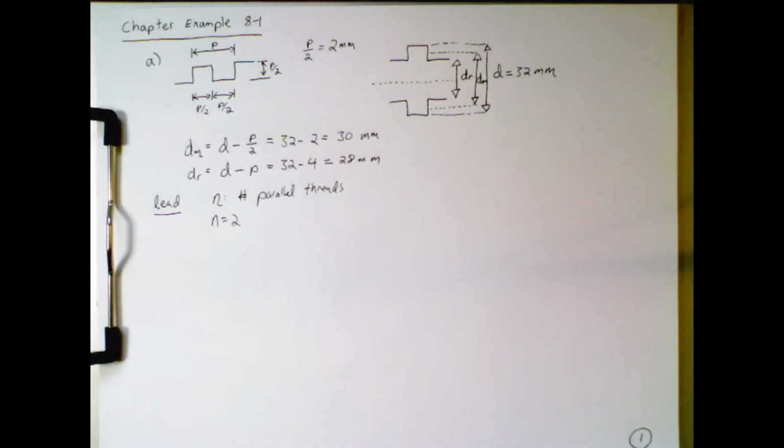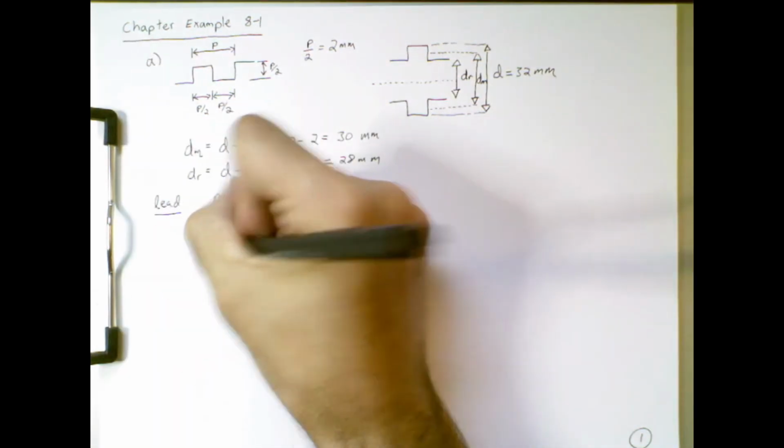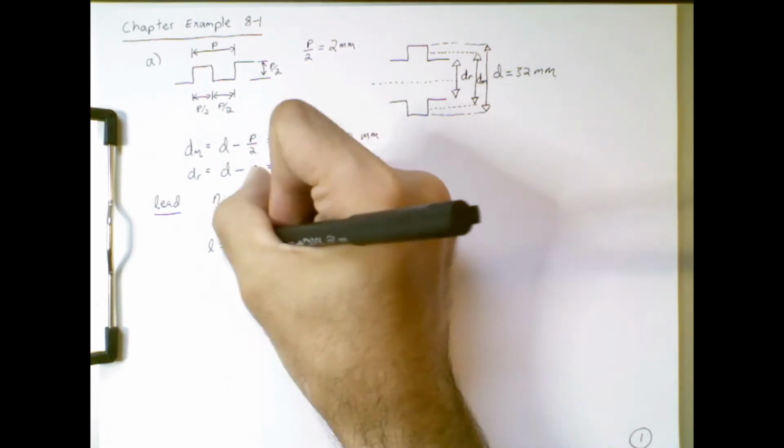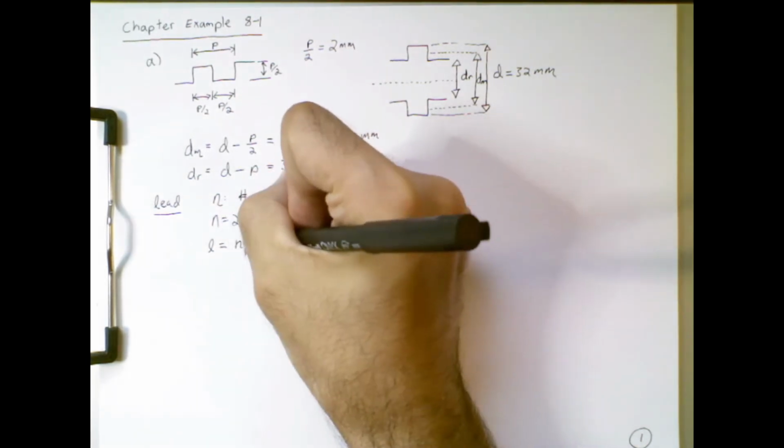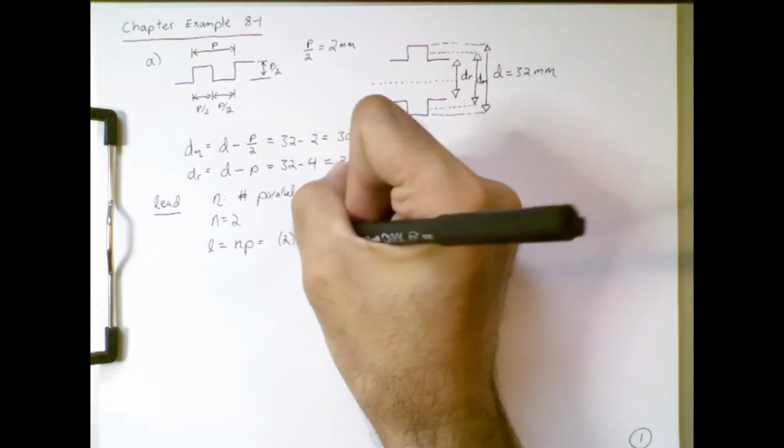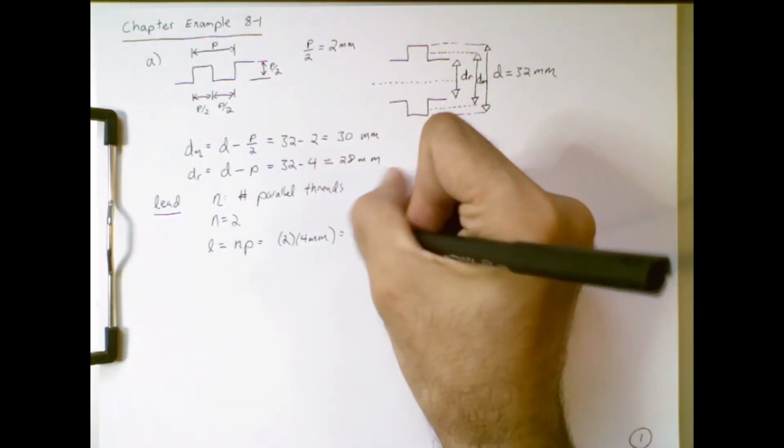We're told that we have 2 parallel threads, or this is a double threaded screw. If we turn the screw one full rotation, we don't move axially the screw by just one pitch, but because we have 2 threads in parallel wrapped helically around the screw, we actually move the screw axially 2 times the pitch. So the lead is the number of parallel threads times the pitch, or in this case, 2 times 4 millimeters, which equals 8 millimeters.